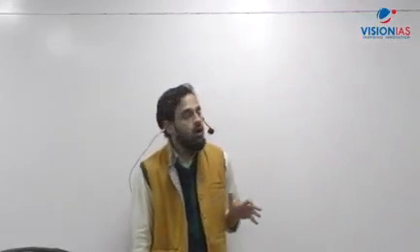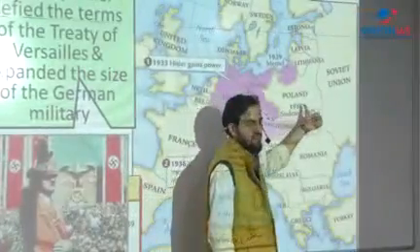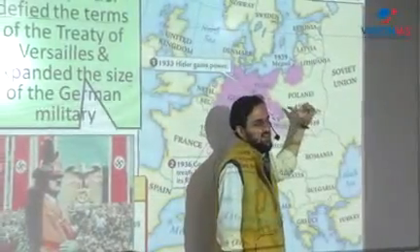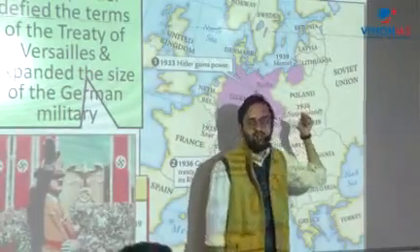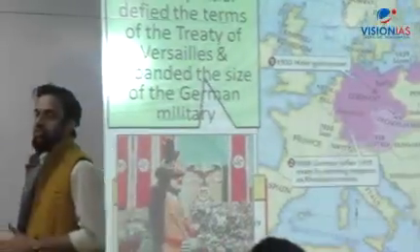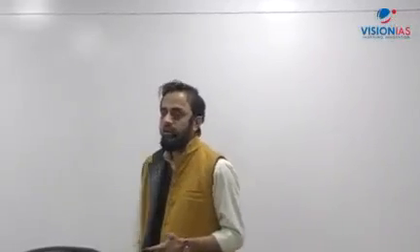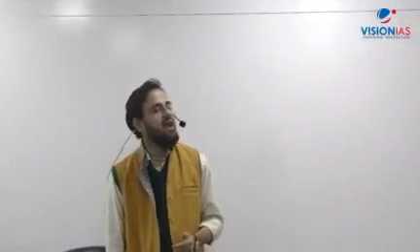Okay, so what is happening at this point of time is that at the end of 1938, Hitler does this great turnaround where he signs a secret treaty of non-aggression with the Soviet Union. A treaty of peace and non-aggression he signs with the Soviet Union.